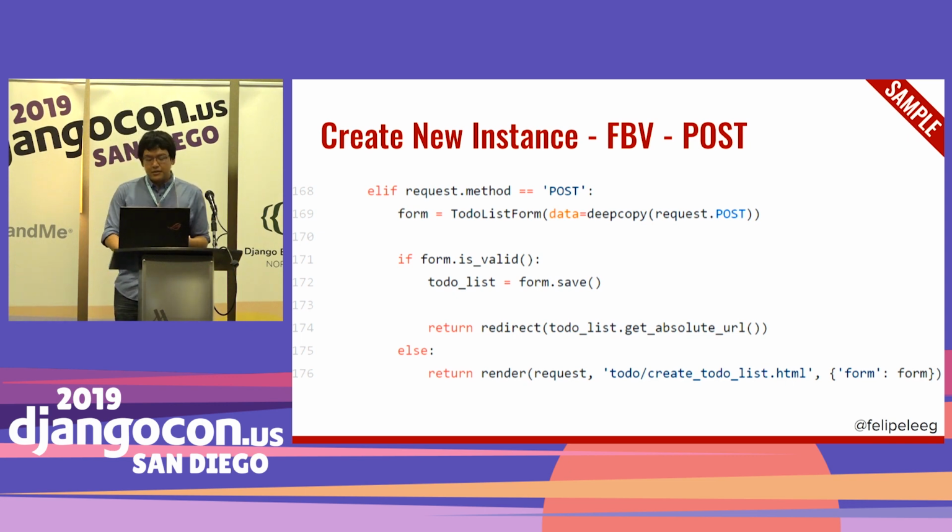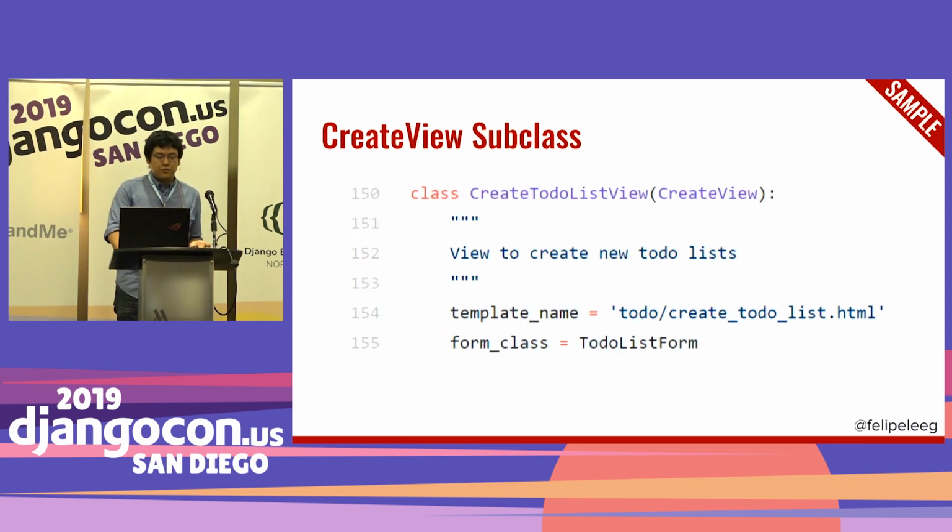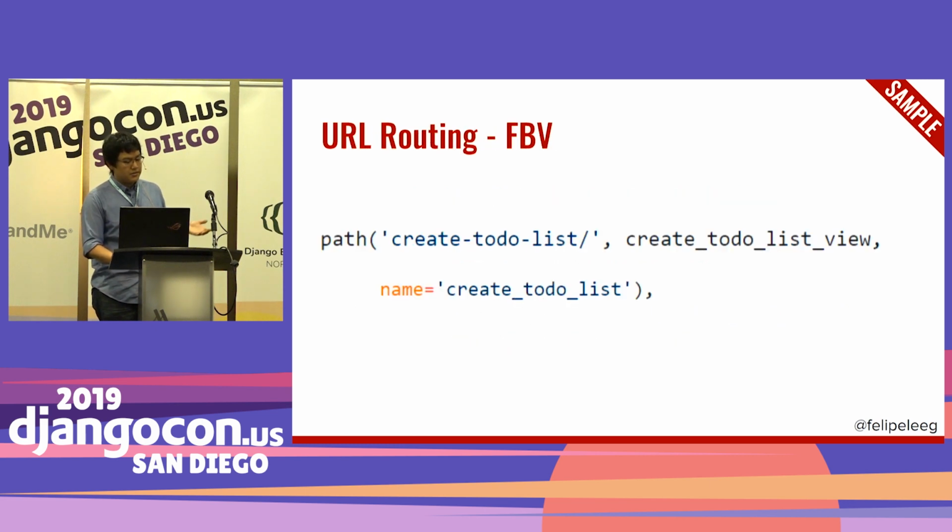Doesn't really take much. But why would you write all that when Django provides a generic view called CreateView, and all you have to do is set the template name and form class. And that's it. So this already does everything that the function-based view did. And then in your URLs, basically the way that would look is this is the function-based view.